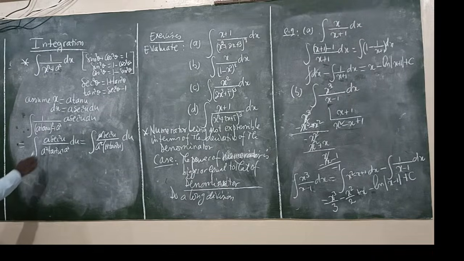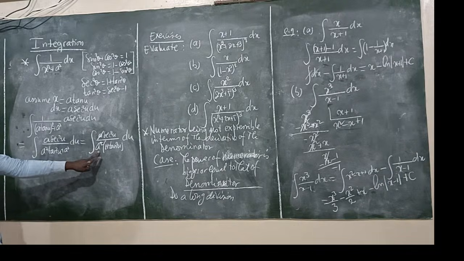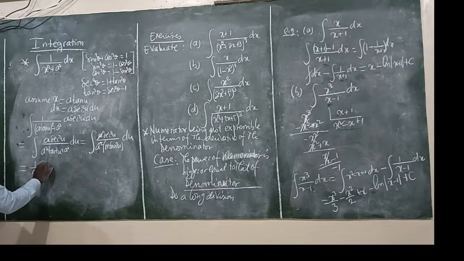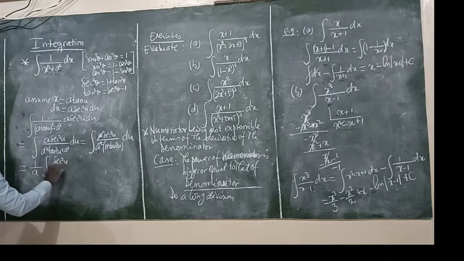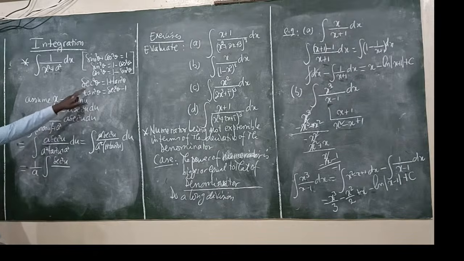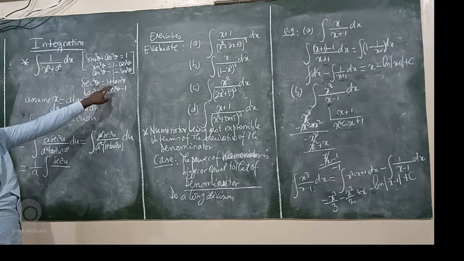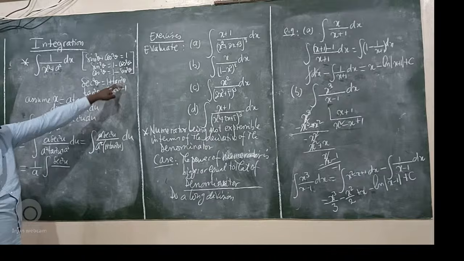Now, because a is a constant number, let's take it out of the integral sign. Here is 1 over a times the integral of sec squared u by, we know sec squared of u is equal to 1 plus tan squared of u.